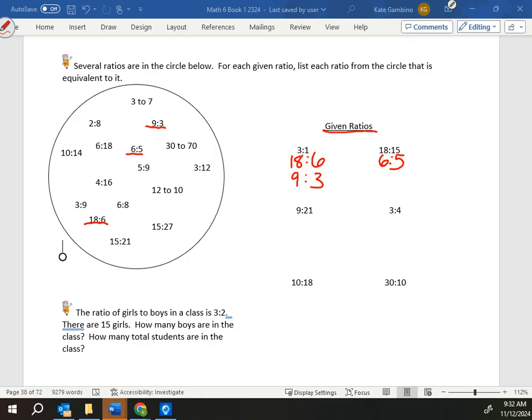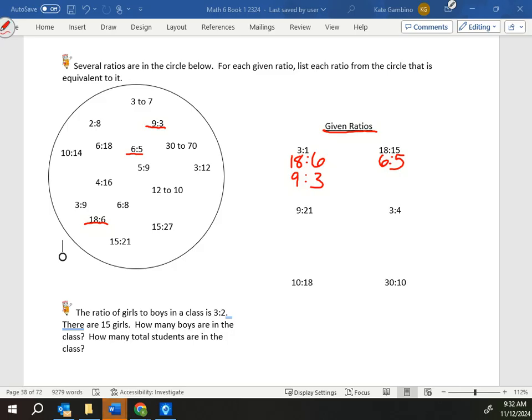If I divide 15 by 3, I get 5. Is there another one that would work? What do you think, Bridget? So Bridget's thinking 9-to-3. If I divide 18 by 2, I get 9. If I divide 15 by 2, do I get 3? Nope.